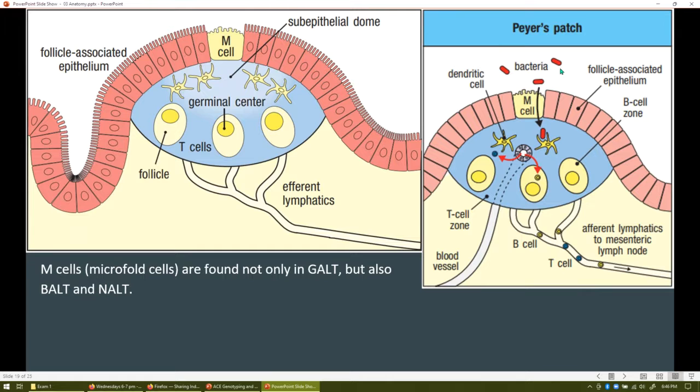So things like bacteria, especially antigens from bacteria, maybe not whole bacteria, but at least their antigens can be transported into lymphoid tissue to be surveyed. You can see how it might be hard to tell pathogenic from non-pathogenic because you're surveying everything in your gut pretty constantly.